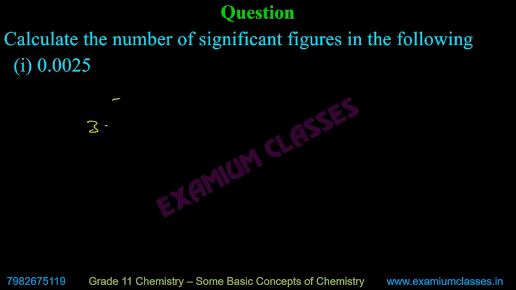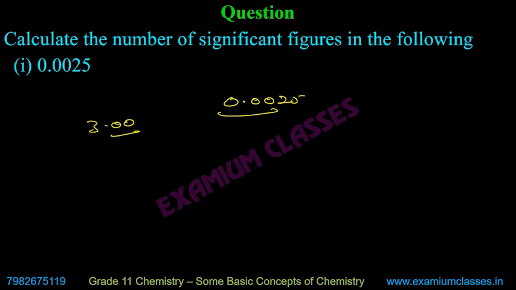Or if it is just 3.00, then these will become significant. But if there is no non-zero digit before the zeros, these will not become significant even if they are after the decimal. Did you get what is hidden there? And you have to remember.